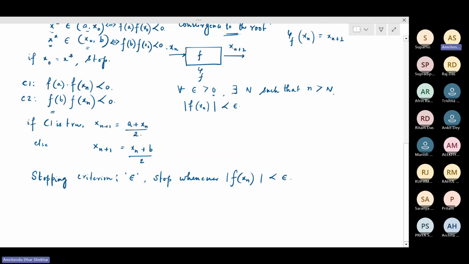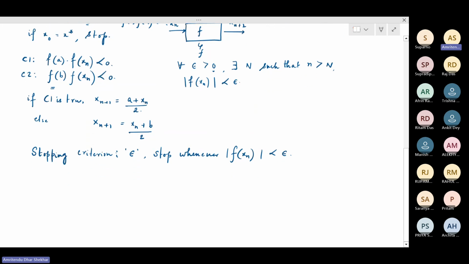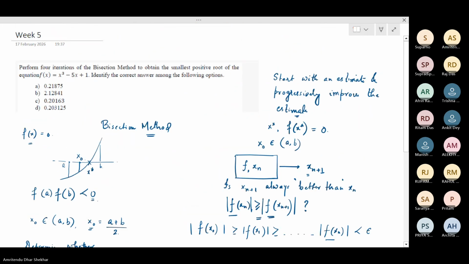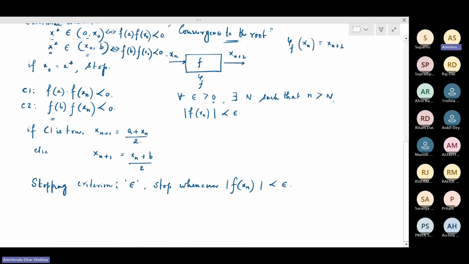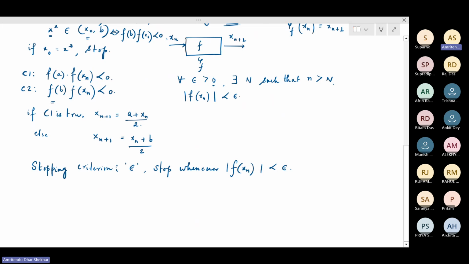For example, they may say estimate the root up to 3 decimal places. What this means is that your epsilon is basically equal to 10 to the power minus 3.